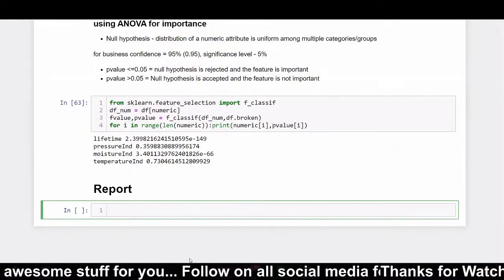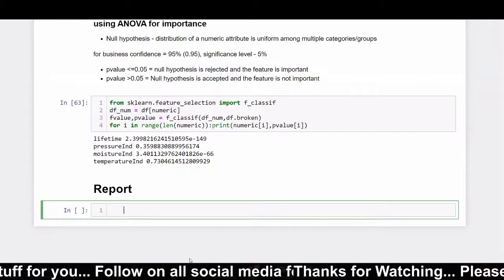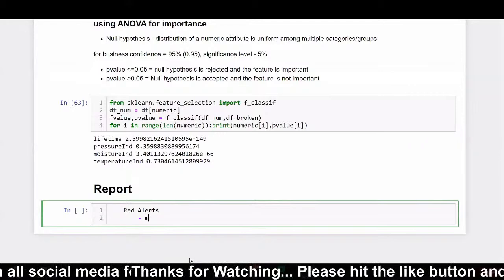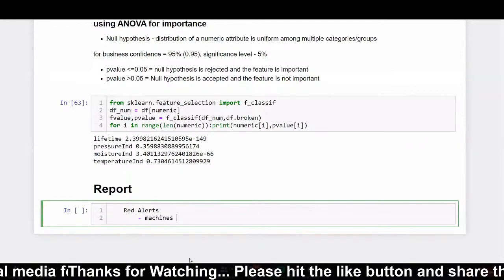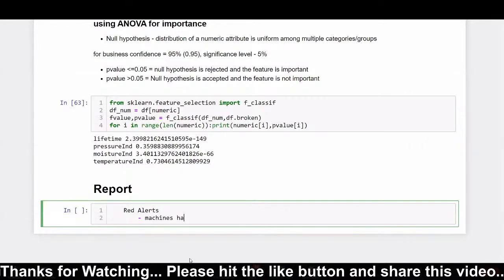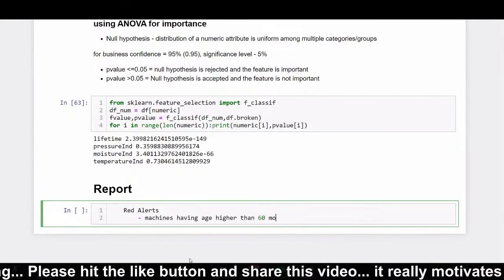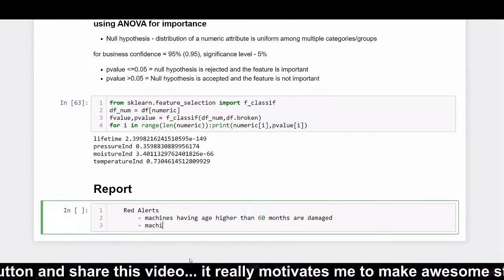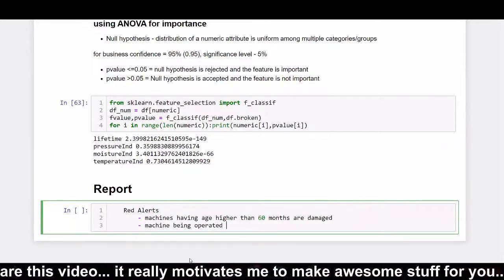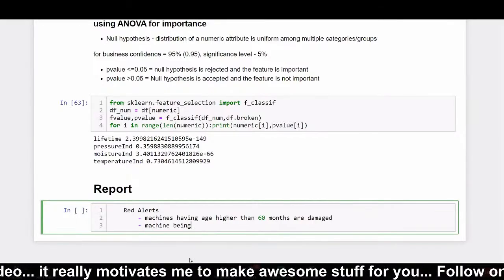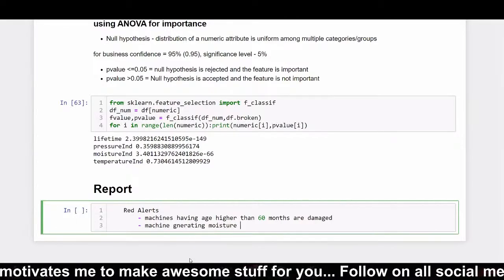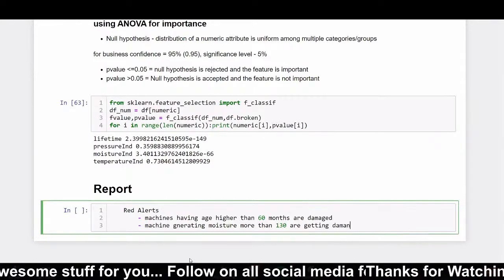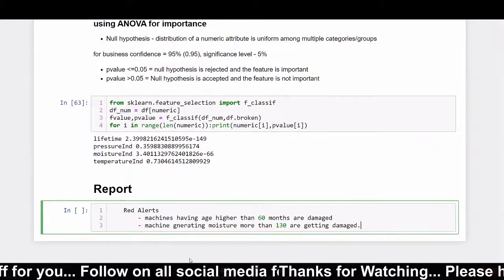Possibly you may want to write some red alerts, which could be: machines having age higher than 60 months are damaged; machines generating moisture more than 130 are getting damaged possibly, right? That's what I see, if I'm not wrong, from the figure.